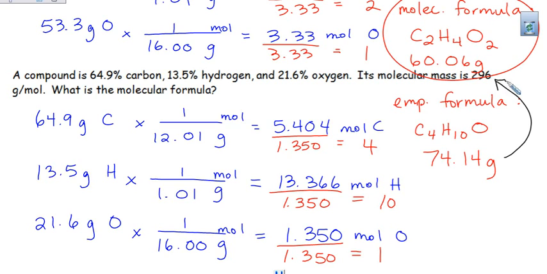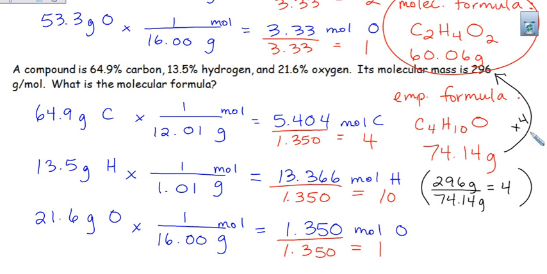And you can really go like the big mass, 296, divided by your little empirical mass. And you should get a whole number. And I do. 4. So if I were to multiply by 4, I would get the true molecular mass.